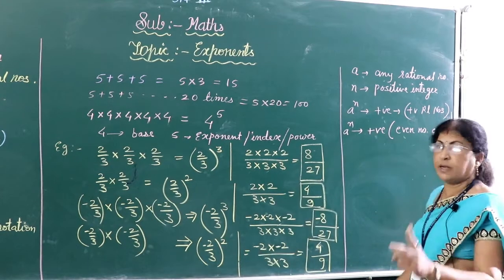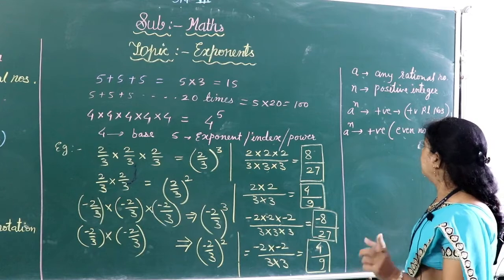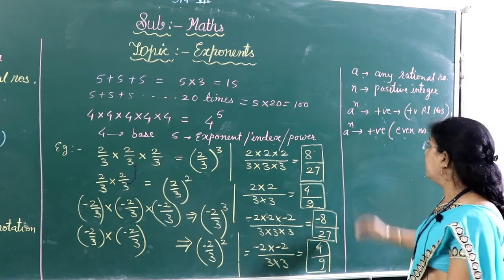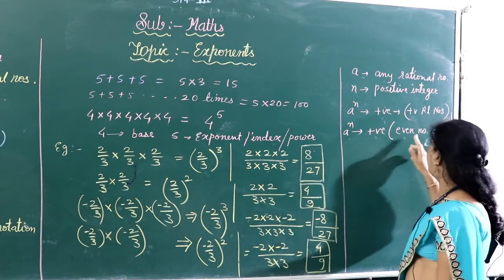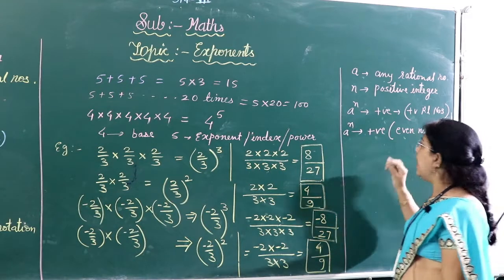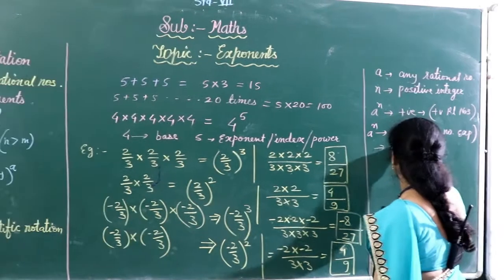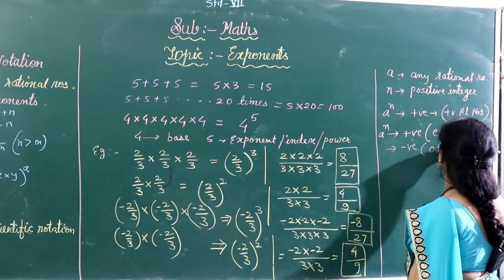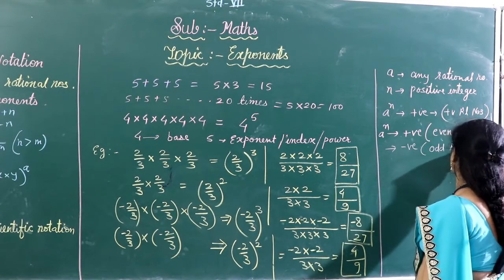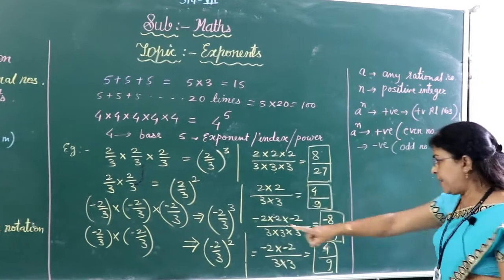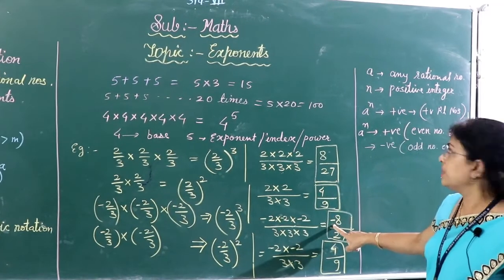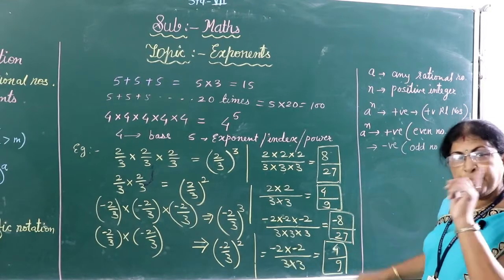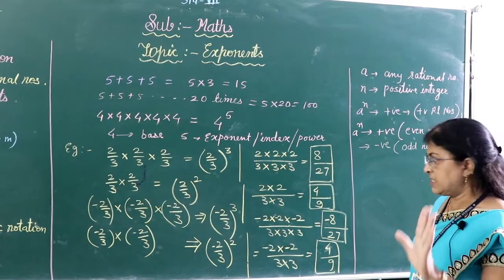If our rational number is negative, then a raised to n will come positive for an even exponent, and it will come negative for an odd exponent. This is for negative rational numbers. Is it clear?